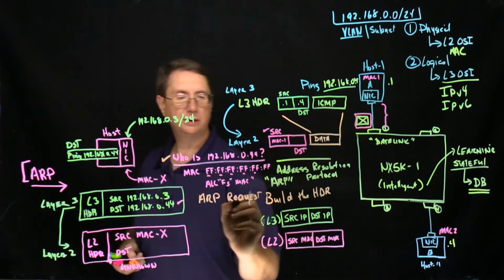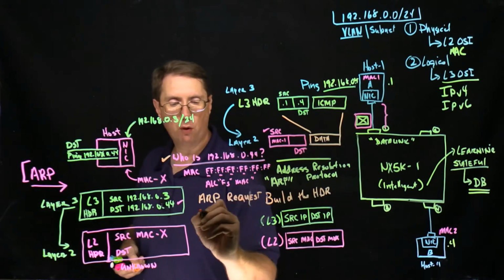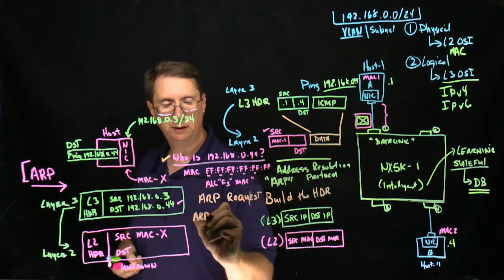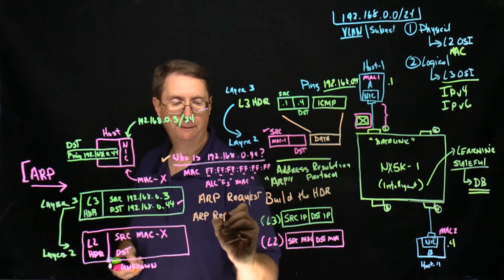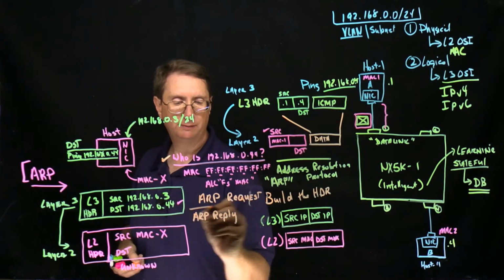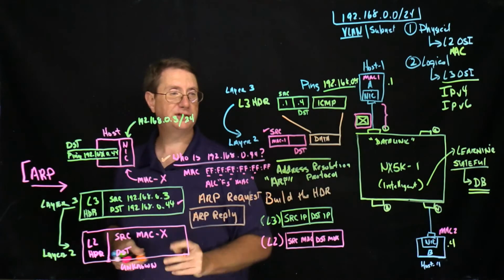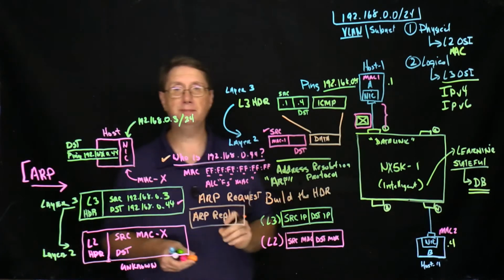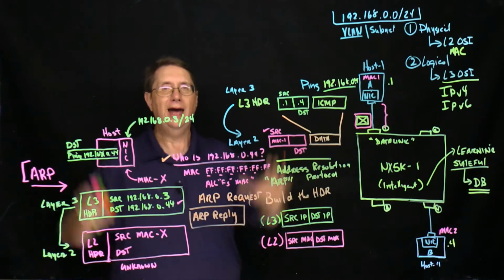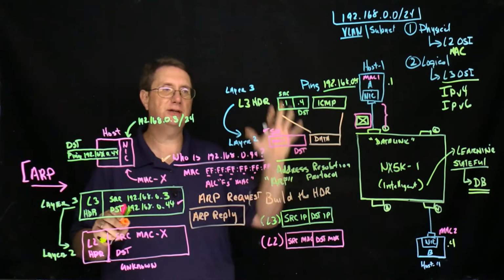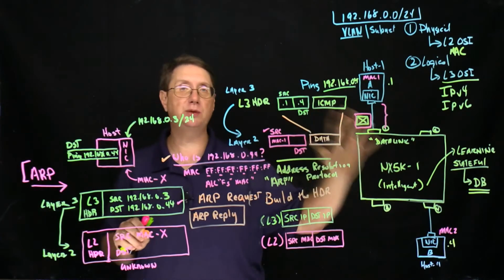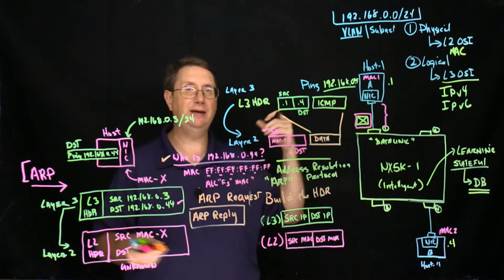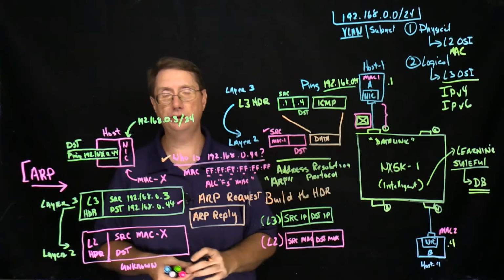And I'm going to be waiting for an ARP reply. However, in order to receive this ARP reply, I am going to be surrendering every aspect of this to the behavior of the switch and the switches between me and the particular device that I want to talk to.